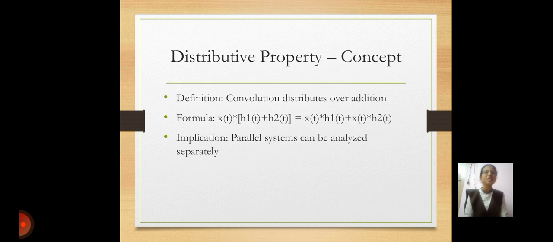This is very useful when working with systems, because it combines multiple filters or effects. For parallel systems, we can analyze each subsystem separately. This is the best benefit of the distributive property.